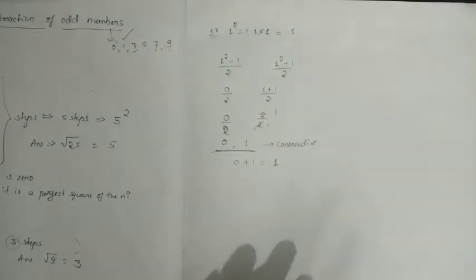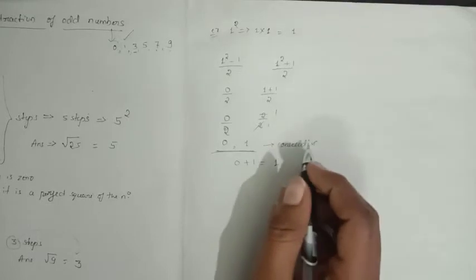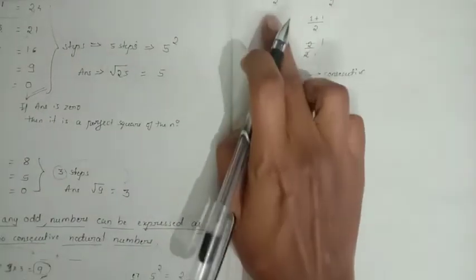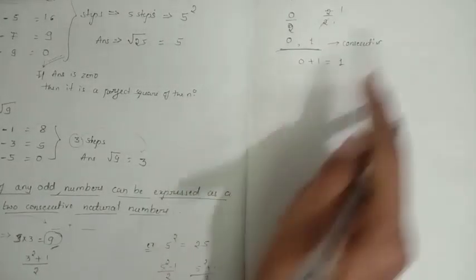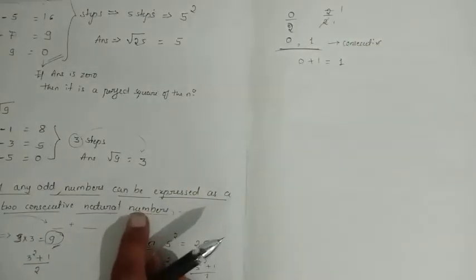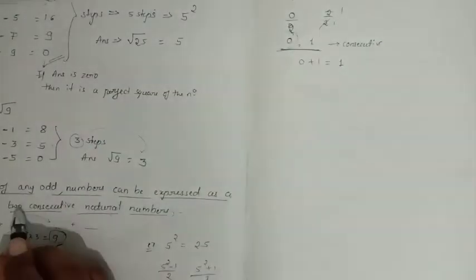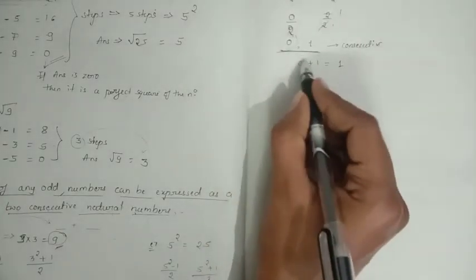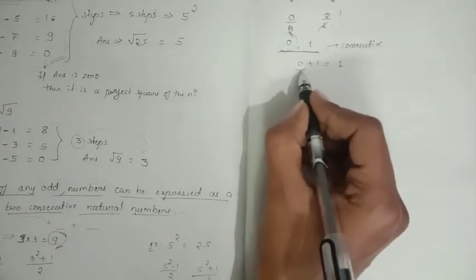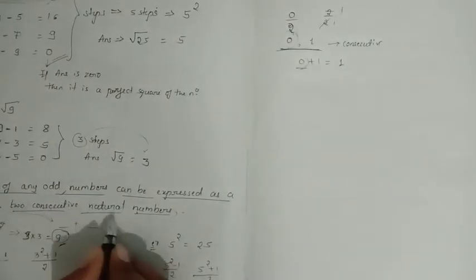So this is also proved, and you can observe that 0 is considered here. 0 is not included in the natural numbers; 0 is included in the whole numbers. 0 is also a consecutive number, but they have given two consecutive natural numbers. So 0 is not a natural number, it is a whole number. That's what I am telling, they have to give two consecutive whole numbers.